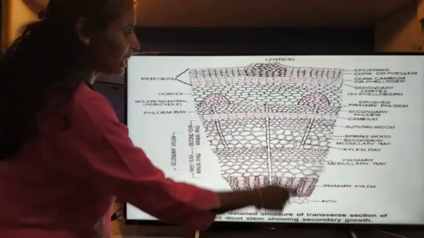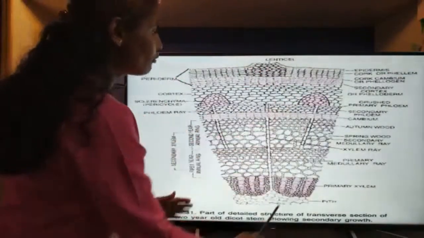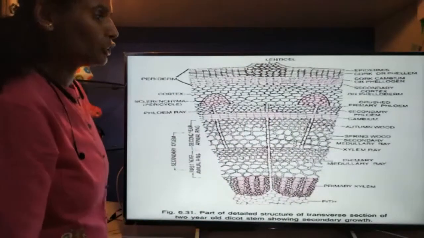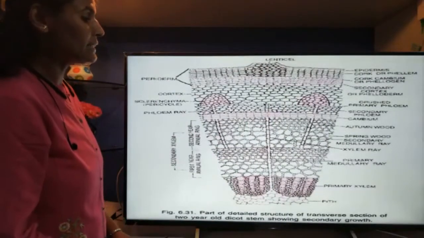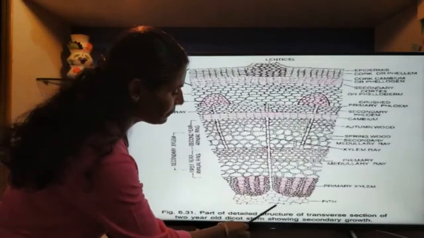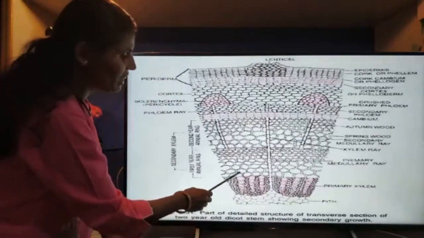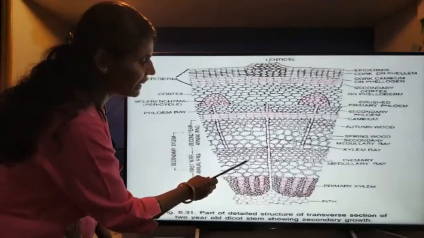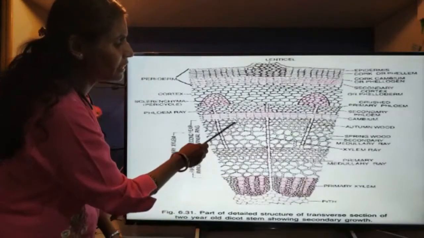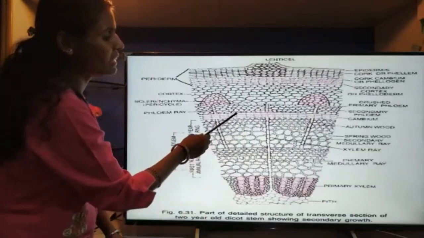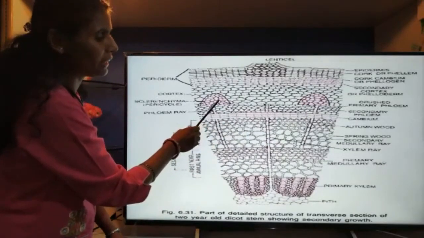So in this diagram, we can see a portion of a transverse section of a dicot stem showing the secondary growth, where there is a pith and this is a vascular ring. After the secondary growth, there is a production of secondary xylem towards the inside due to the activity of cambium, and secondary phloem towards the outside.